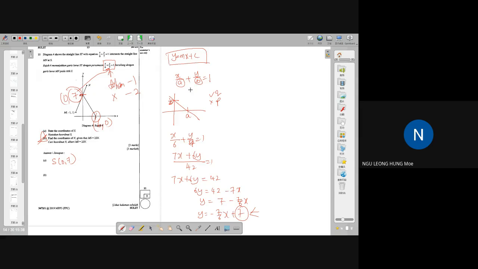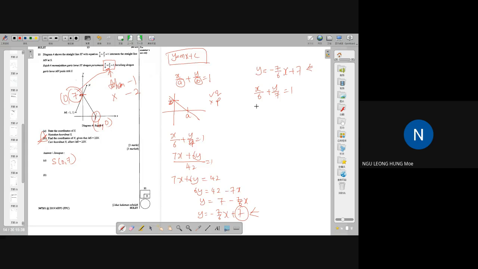Jawapan lain. Okay, equation kamu Y equal to negative 7 over 6S plus 7. Adakah ini equation kamu? Guna equation yang dia bagi. S over 6 plus Y over 7 equal to 1.